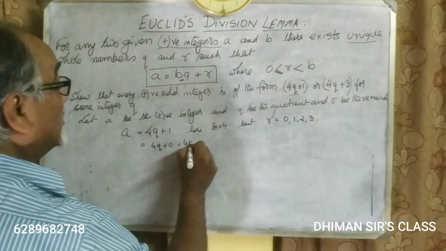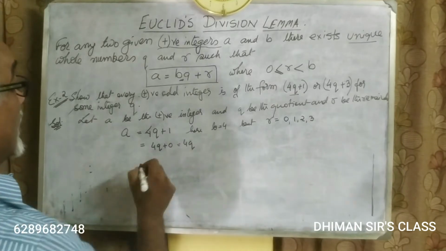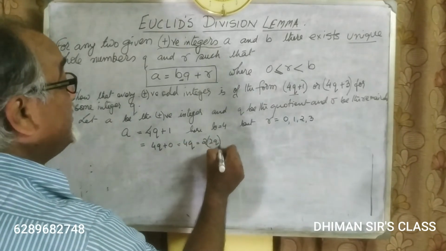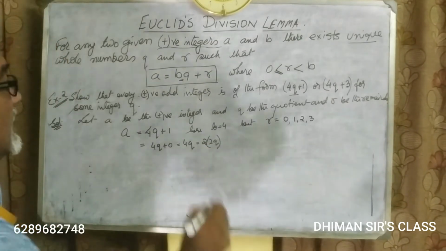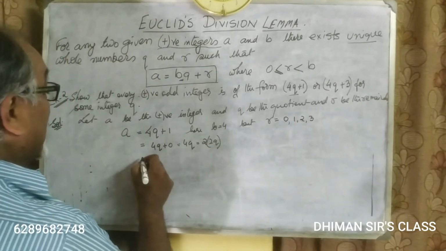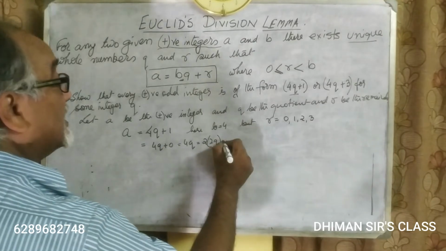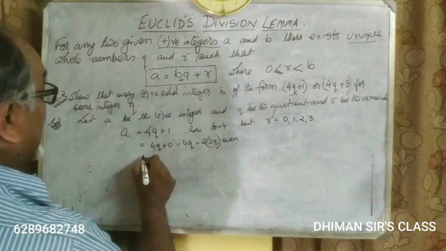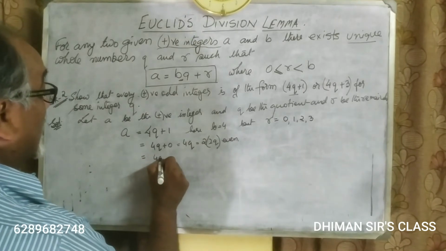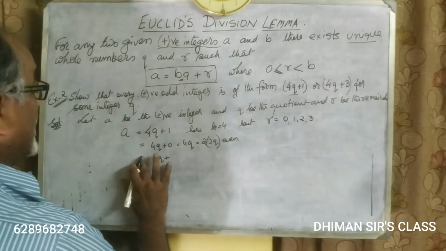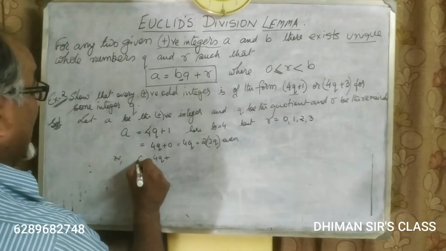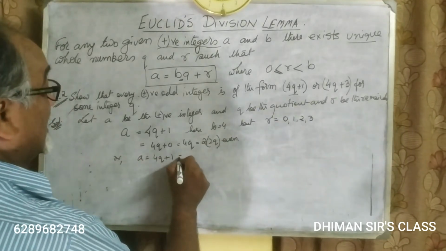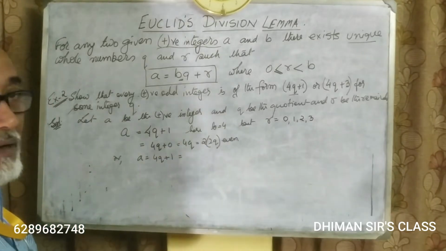So, therefore, if instead of 1 it is 0, A is equal to 4Q, that means it is equal to 2 into 2Q. Now that means it is even. This is even. Now, if A is equal to 4Q plus 1, is there anything common we can take?